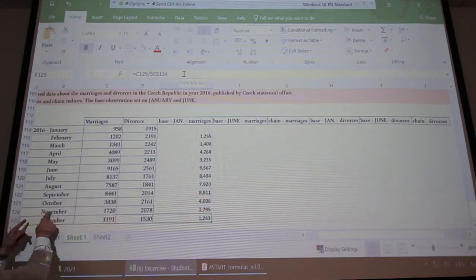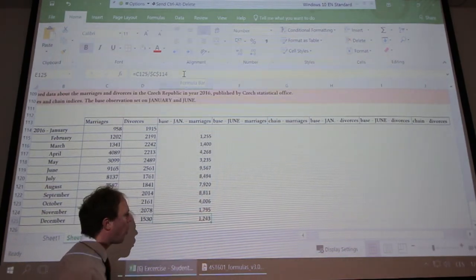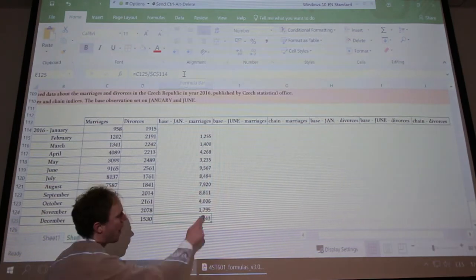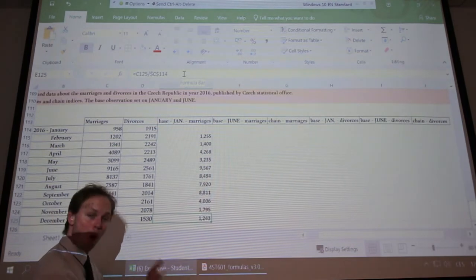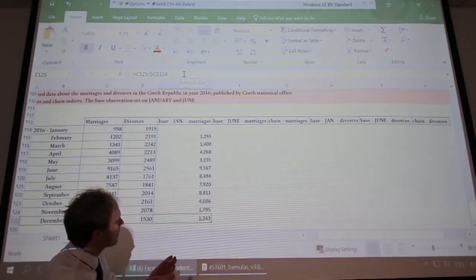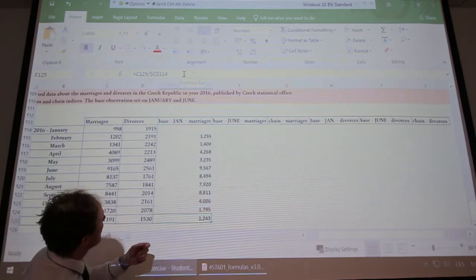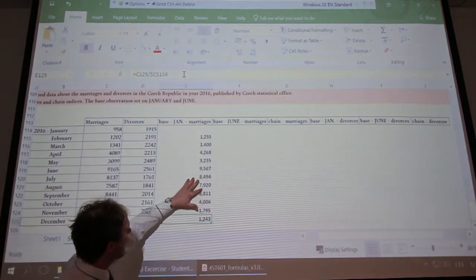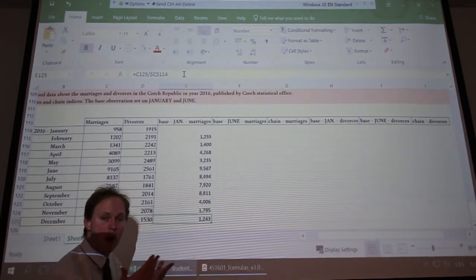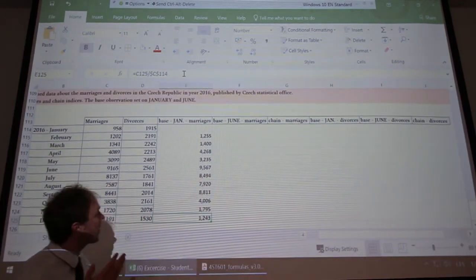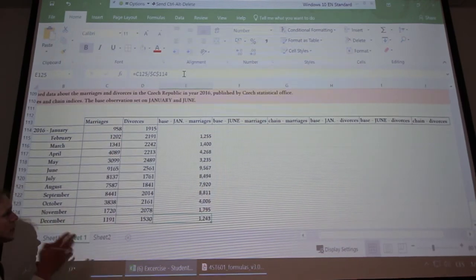Here in November increased the number of marriages by 79.5% in comparison with January, etc. So this is easy for interpretation, and these values are complicated because there is a lot of 100% increase in comparison with January.